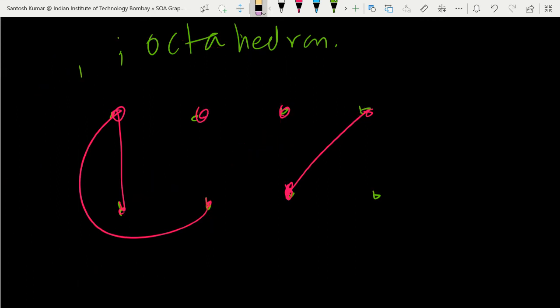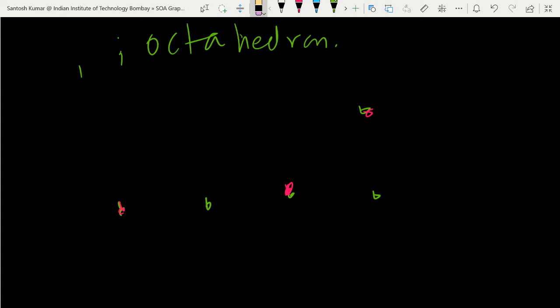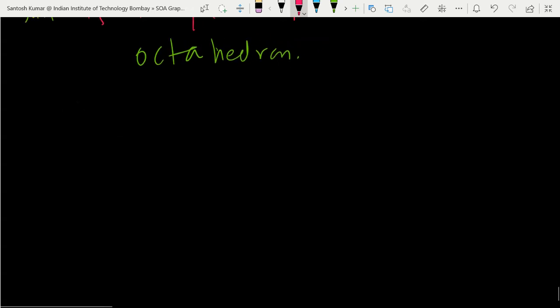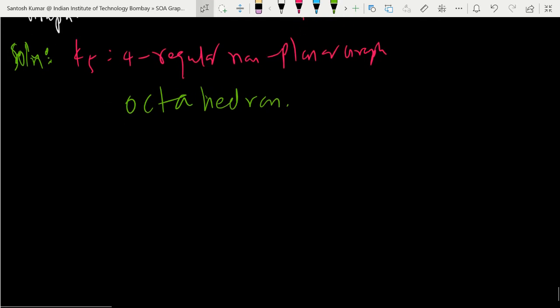Yeah, do try for this octahedron. So K44 is actually non-planar, so it can come in this category.